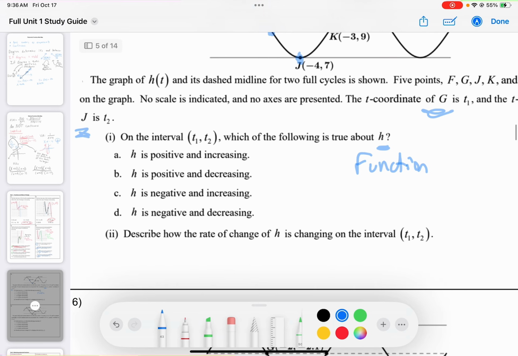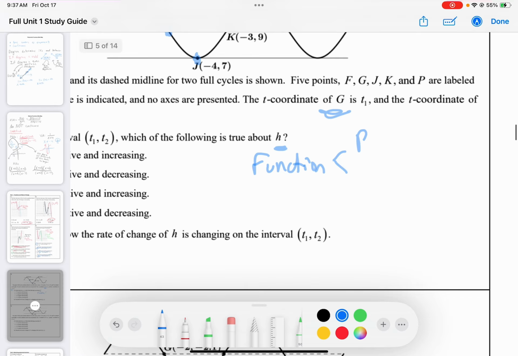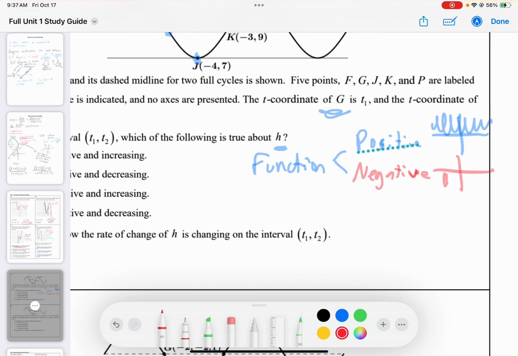That is different. A function is positive or negative. Well, it's positive when it's above the x-axis, so when it's up here. A function is negative, let's just switch over to blue or red, when it's below the x-axis.